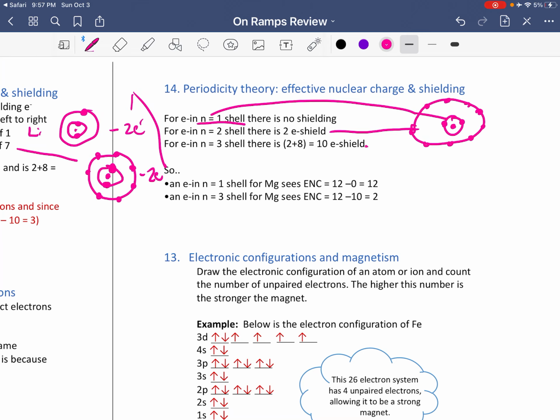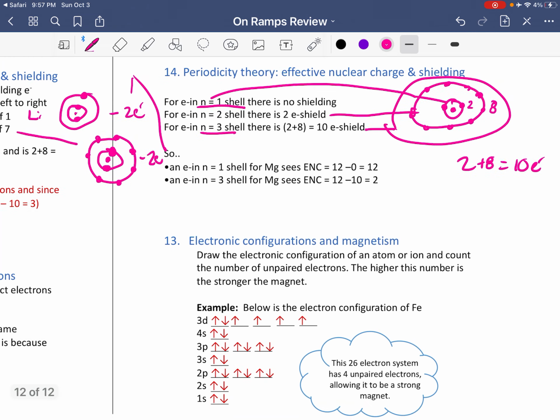And then the third shell, n equals 3. We add up the second shell and the first shell. So 2 are in the first shell and 8 are in the second shell. So 2 plus 8 will give us 10 electrons shielding the third shell's electrons from feeling that positive charge.